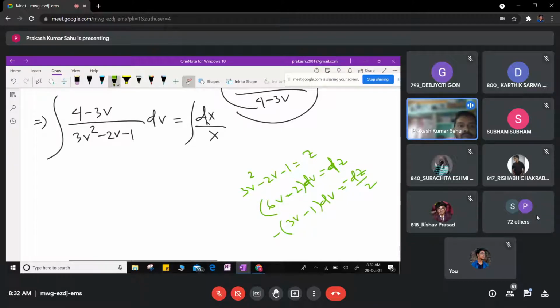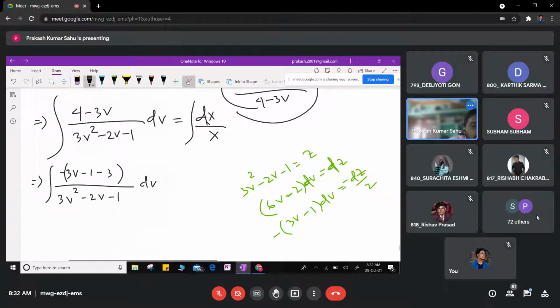Okay, तो यहाँ पे मैं लिख सकता हूँ that implies this is minus 3v minus 1, taking minus common, minus 3 divided by 3v square minus 2v minus 1 dv is equal to dx by x.